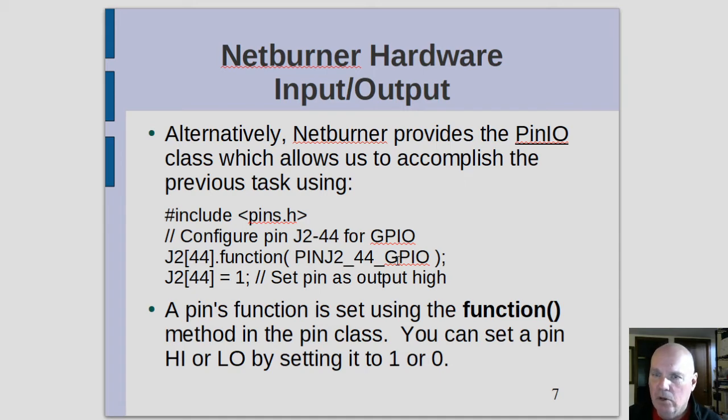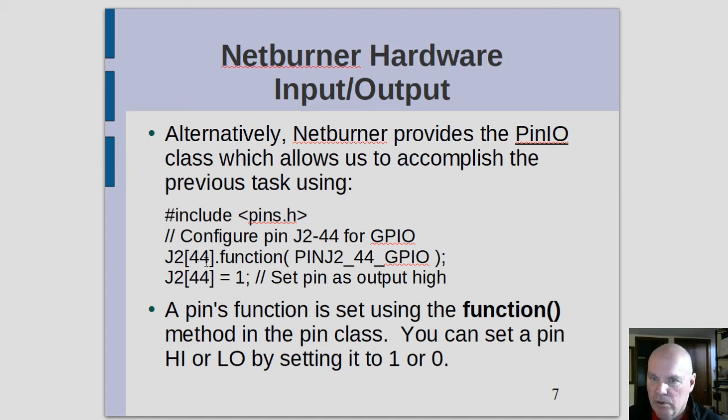But again, if you look at the Pen I/O application note, you'll see that the NetBurner provides a Pen I/O class, and it's defined in this header file, pens.h. So you have to include it, and then to set a pen high, it's as simple as it's provided as an array for J2.